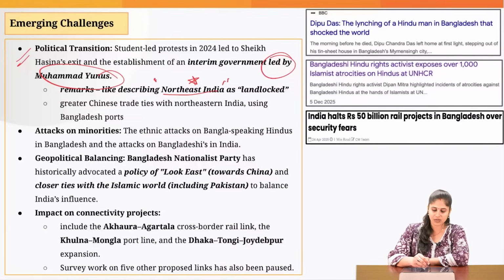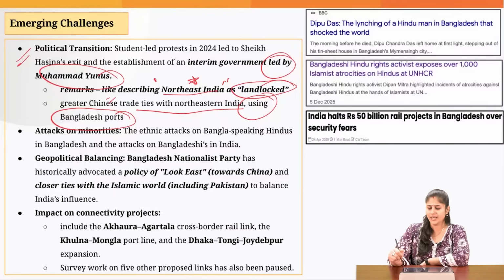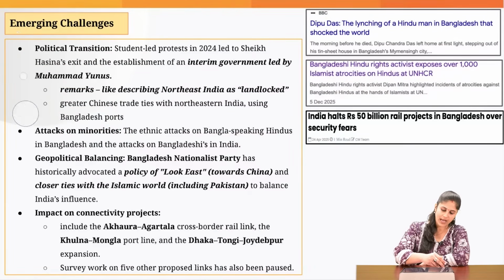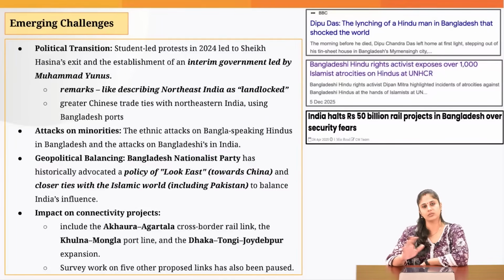He described India's northeastern region as landlocked, and it actually invited China to improve its ties with northeastern India by using the Bangladesh ports. It is like hijacking northeastern India by using the Bangladesh ports. And that was the reason which led to certain tensions between India and Bangladesh.